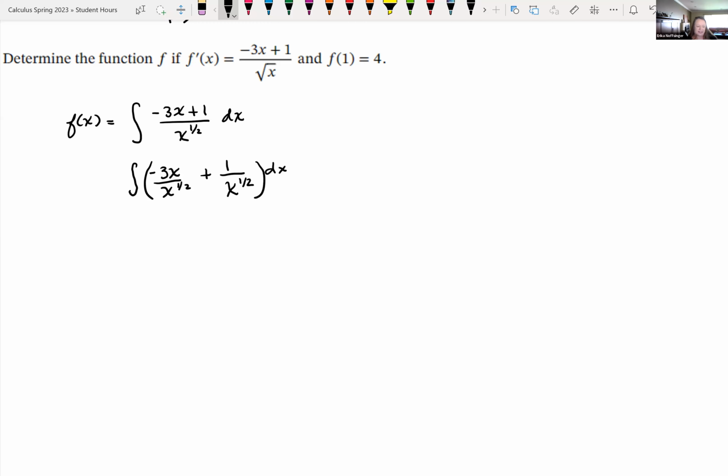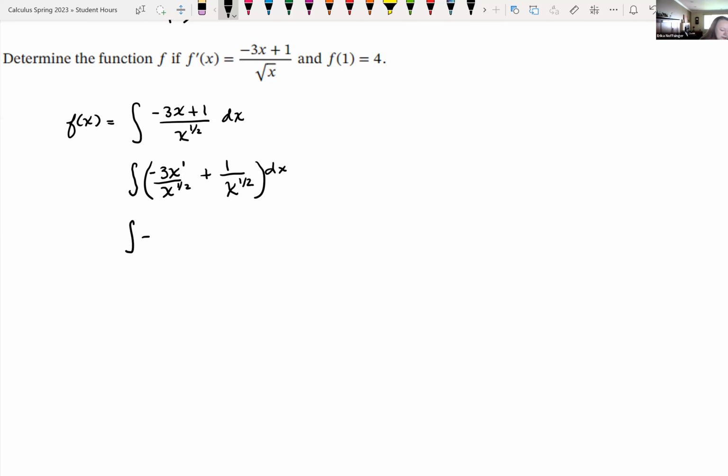So by rewriting it like this, I can now use my rules of exponents: same base in the numerator and denominator, which is x in our case. We are going to subtract the exponent on the bottom from the exponent on top. We take 1 minus 1/2.